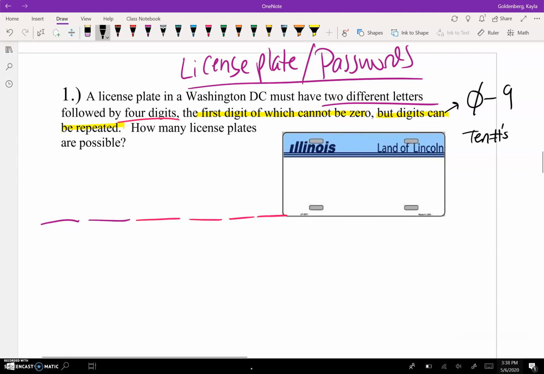If I'm looking specifically at my letters, I'm assuming that letters can be repeated because they didn't tell me otherwise. There are 26 letters, so 26 options for letter number 1, and I'm just going to assume I can repeat letters because they didn't say anything about that.